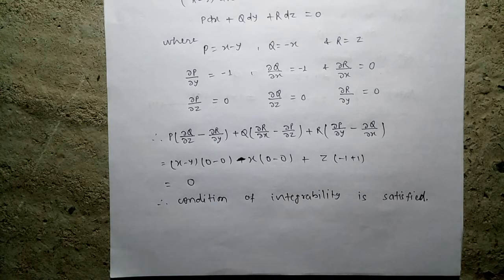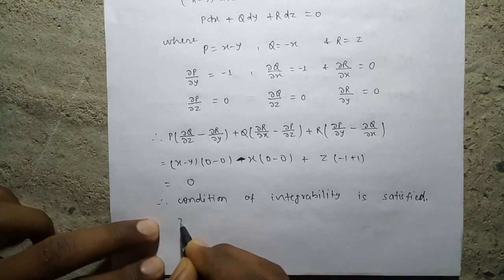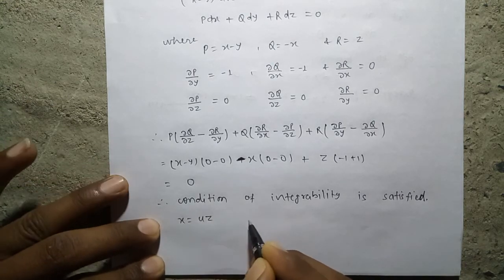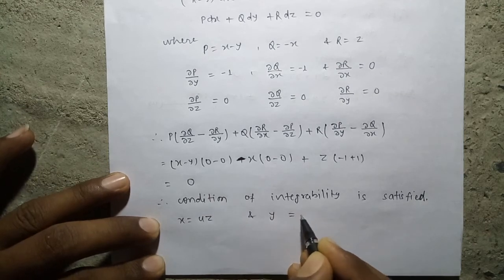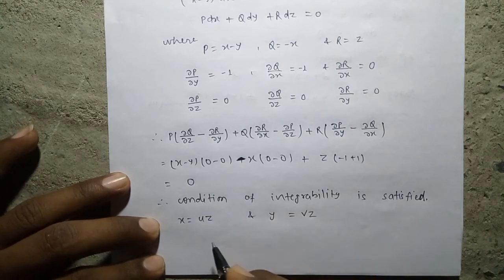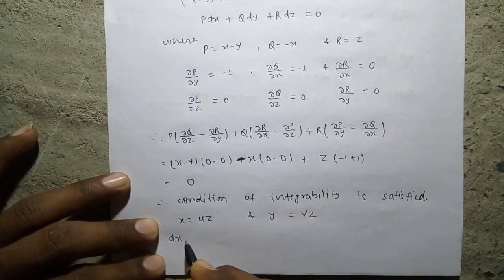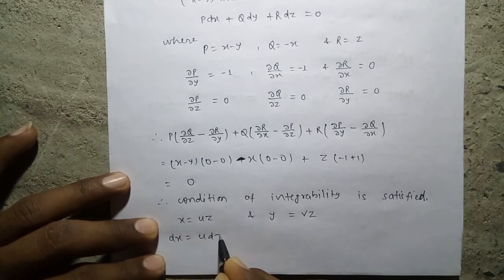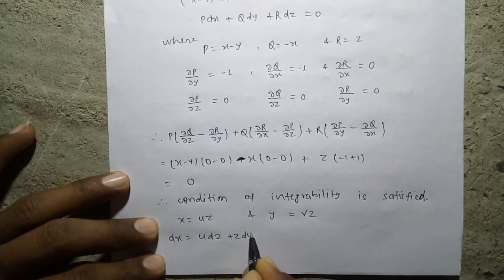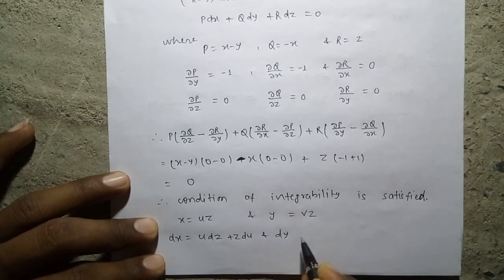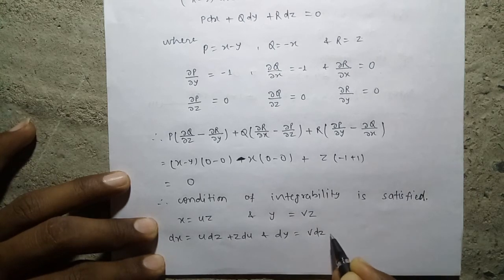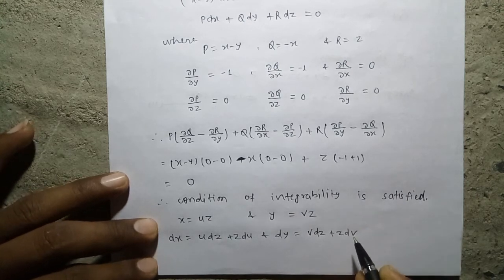Here P, Q, R are homogeneous functions of same degree in x, y, z. Therefore to solve the given equation we put x equal to uz and y equal to vz. Differentiate, then dx equal to u dz plus z du and dy equal to v dz plus z dv.